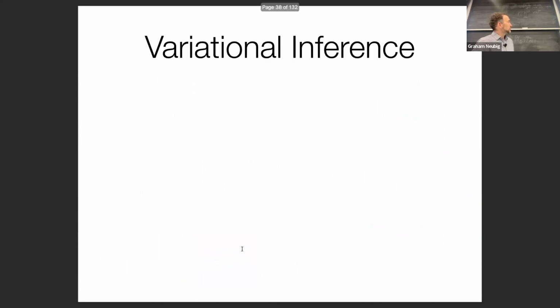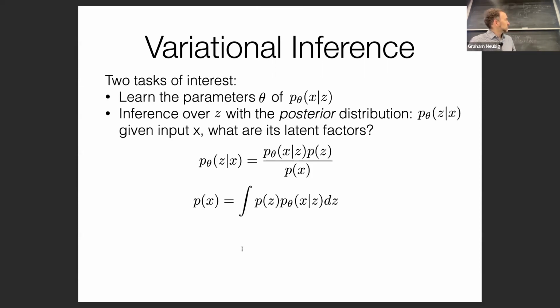So what do we do? We can take a method called variational inference, and we can use the variational autoencoder, which is a type of variational inference. What we want to do is learn this model in an efficient way.